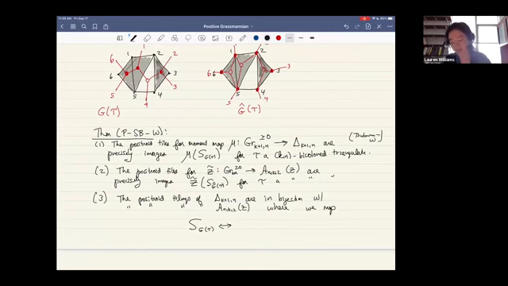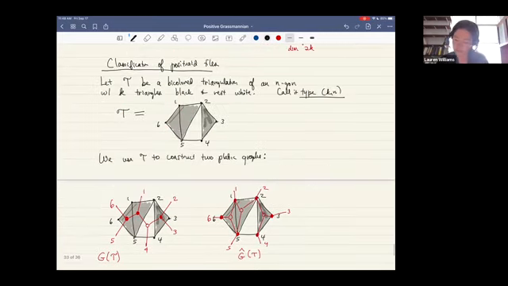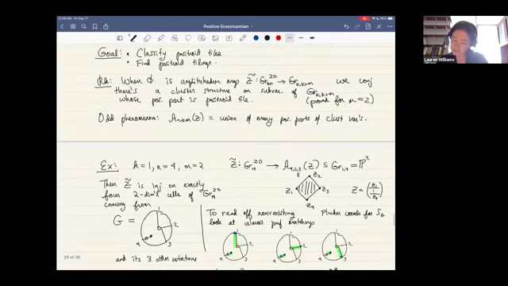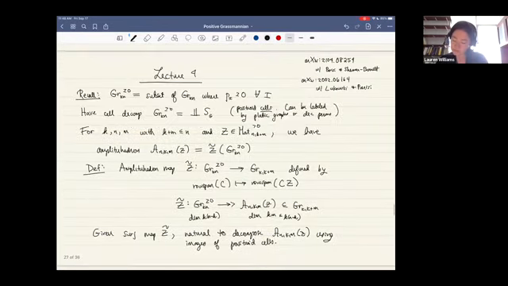It's exchanging graphs coming from plabic graphs G of tau with graphs coming from plabic graphs G hat of tau. And so let me just recopy the pictures that we had before.